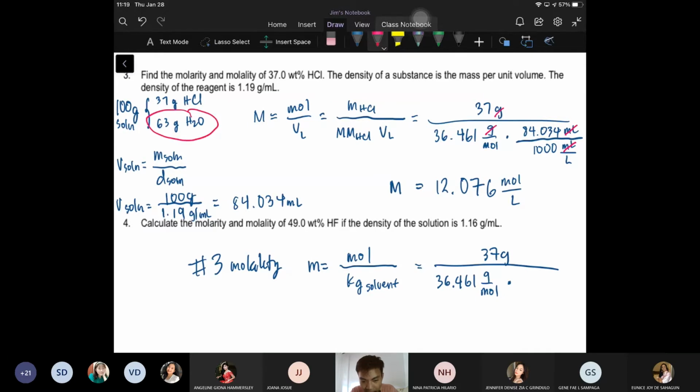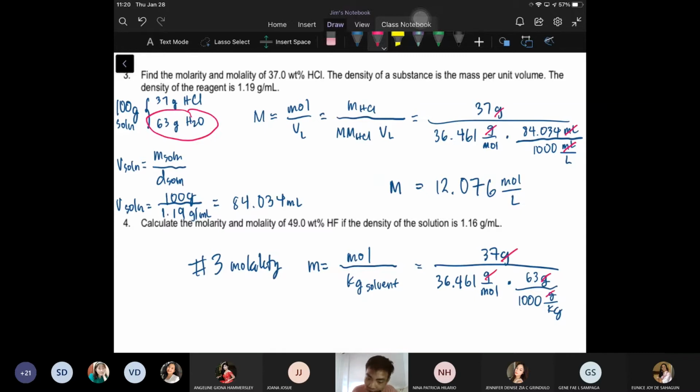Ito, 63 grams. So, gagawin mo, you convert that into kilograms, no? So, that's 63 grams divided by 1,000 gram per kilogram. Okay? So, by dividing it by 1,000, you will get kilogram na. Cancel, cancel, cancel, cancel.